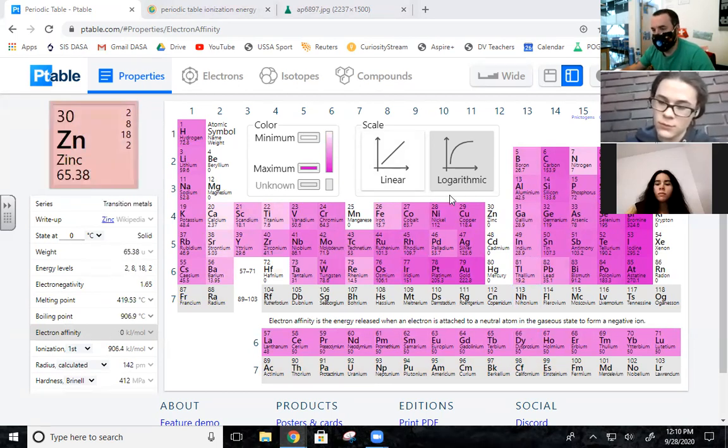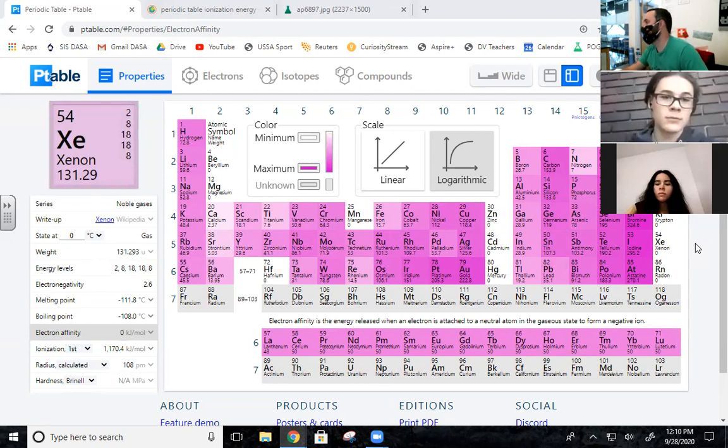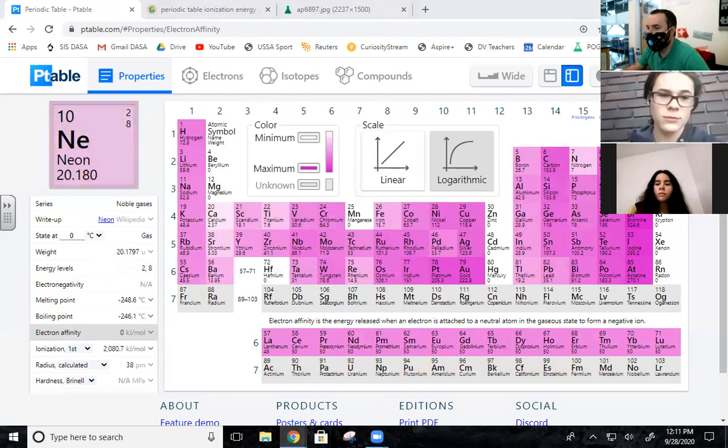For instance, metals want to lose electrons because the nucleus doesn't pull in very strong. It says the electron affinity of an atom or molecule is the amount of energy released when an electron is attached to a neutral atom or molecule in the gaseous state. That sounds like way too many words.